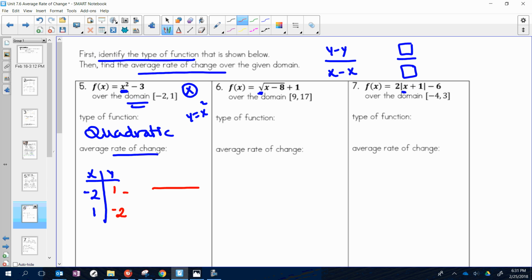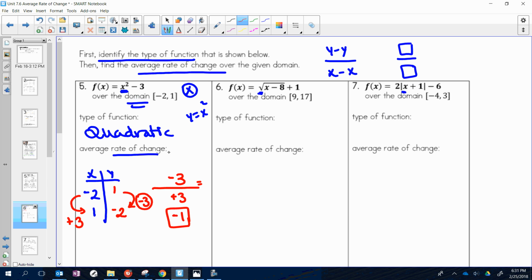All right, how much of a decrease is this to go from 1 down to negative 2? That decreased 3 units, so you could say negative 3 on the top. This, if you think about going from negative 2 up to 1, is an increase of 3 units, positive 3. Altogether, I came out with negative 1.